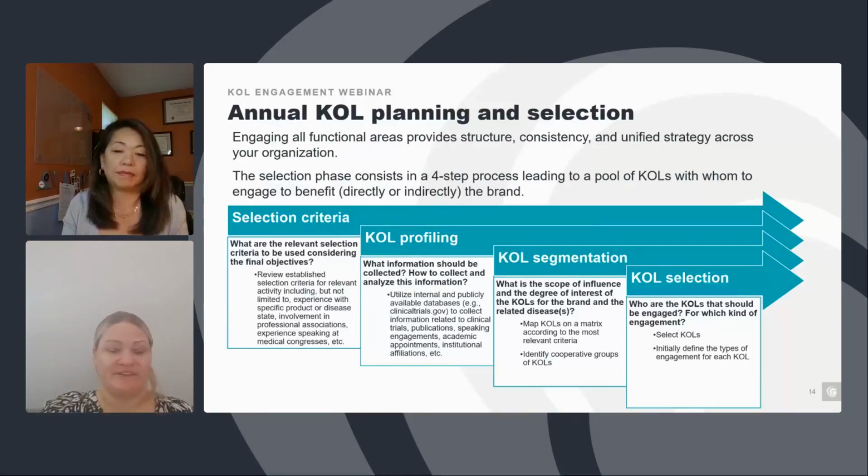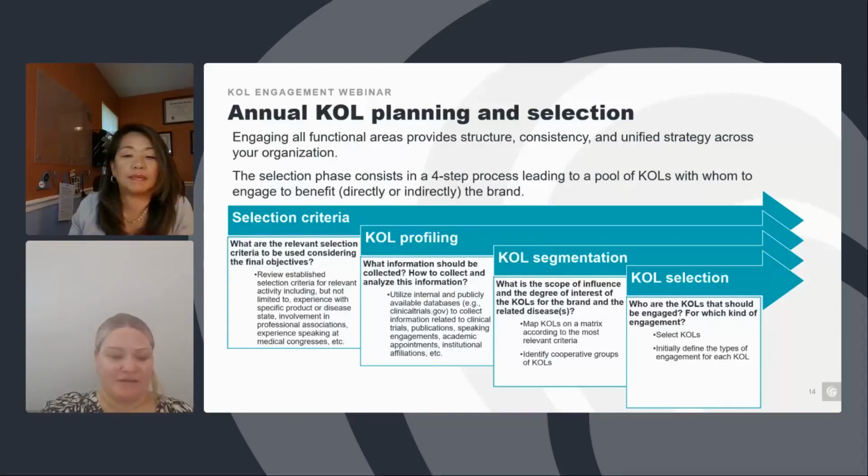And your selection criteria is going to differ depending on the activity. So for example, selection criteria for speaker programs might incorporate experience speaking at independent medical congresses, so that you can confirm that they have that engaging speaker presence needed for a speaker program, as an example.